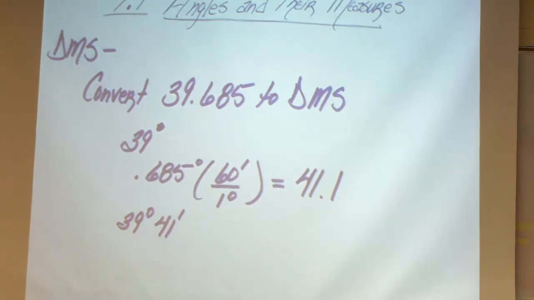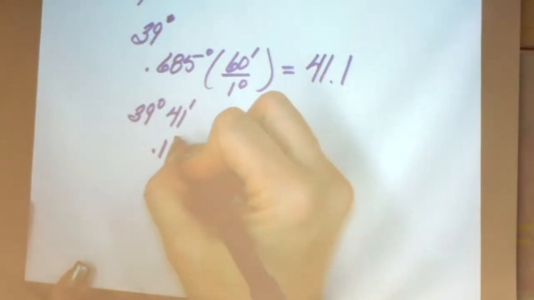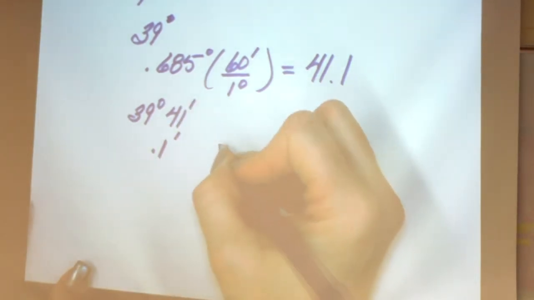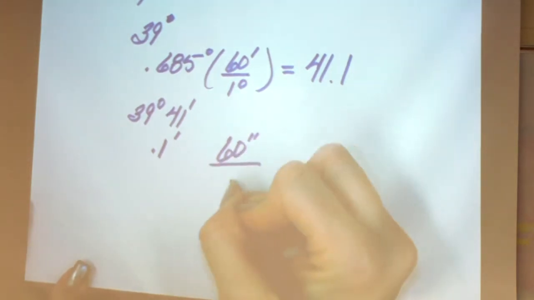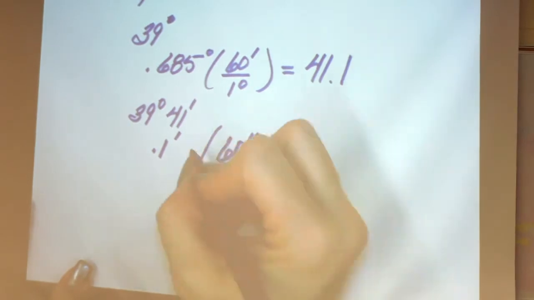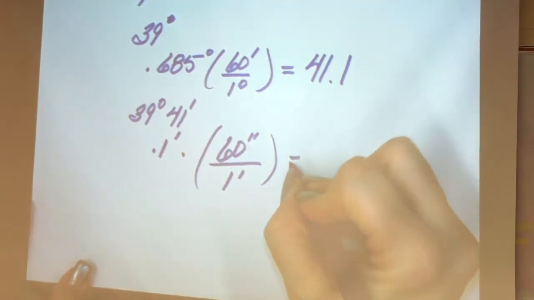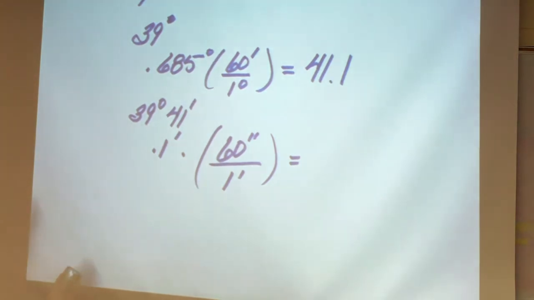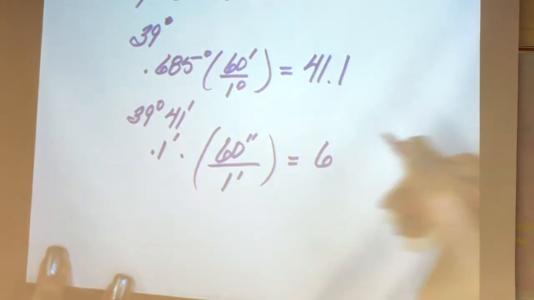So I'm going to take 0.1 minute and multiply it by 60 seconds over 1, because we know that there are 60 seconds in 1 minute. Okay, and we're multiplying. And so that is going to give us 6, obviously, seconds.